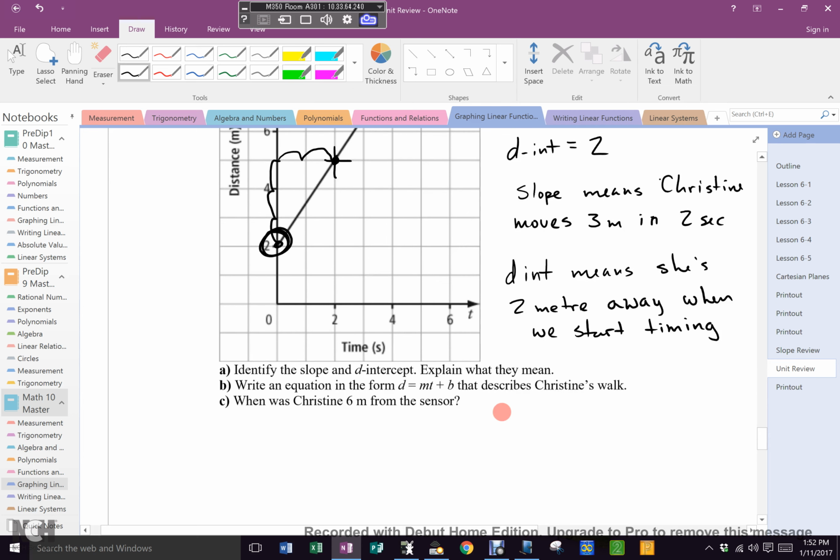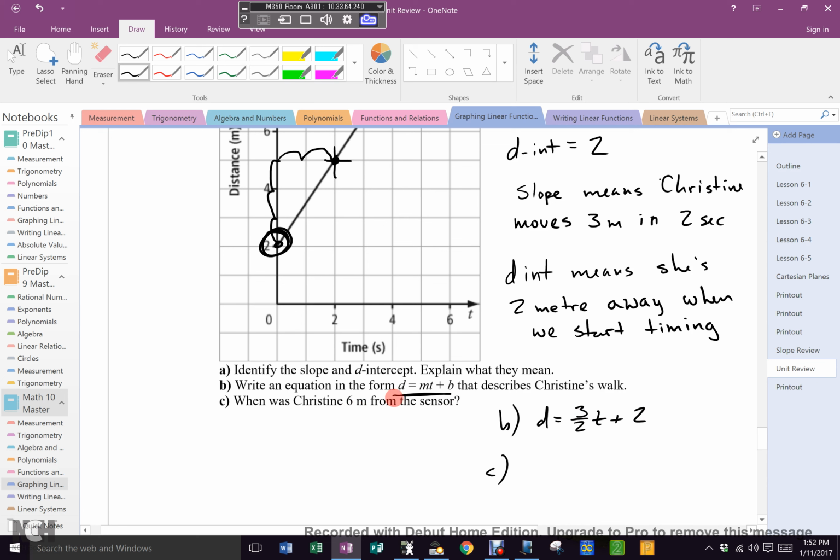Now, B, that is slope-intercept form. D equals my slope, which we knew to be 3 over 2, times the time, plus 2, because that's my d-intercept. And then question C, 6 meters from the sensor. So 3 over 2t plus 2. I'm 6 meters away.